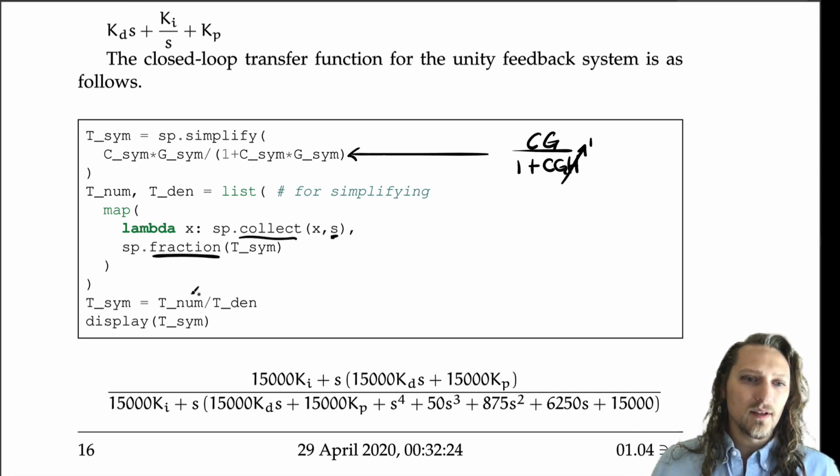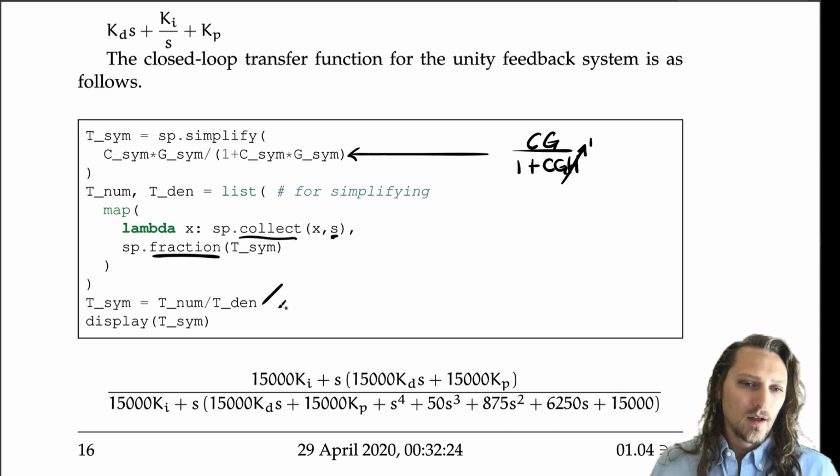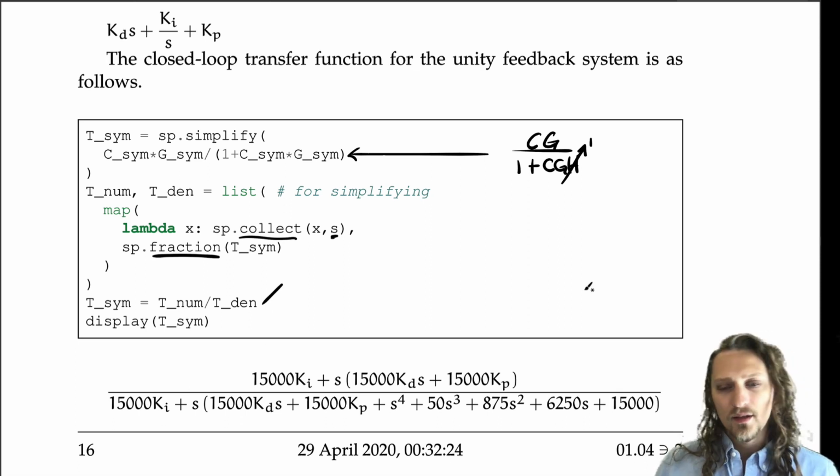So we've got a list, and then I'm just going to take the two terms from the list and assign them to t numerator and t denominator. And then in the symbolic, I redefine t sim to be the numerator over the denominator there, and I display it here.